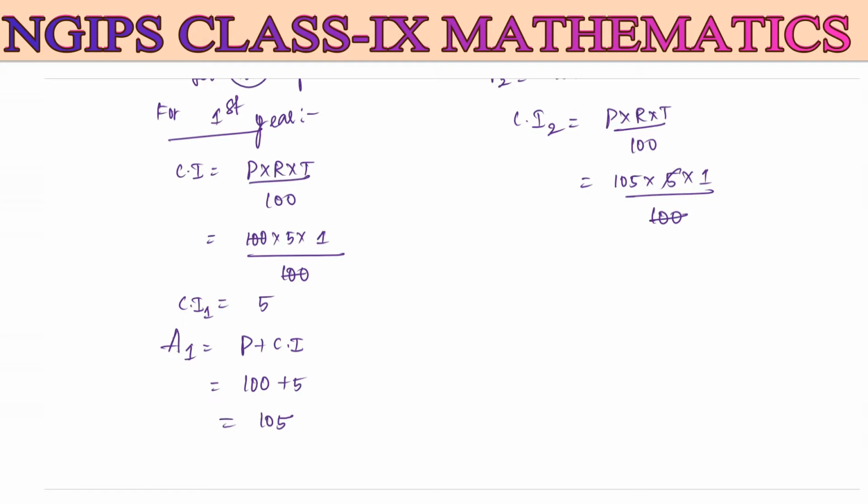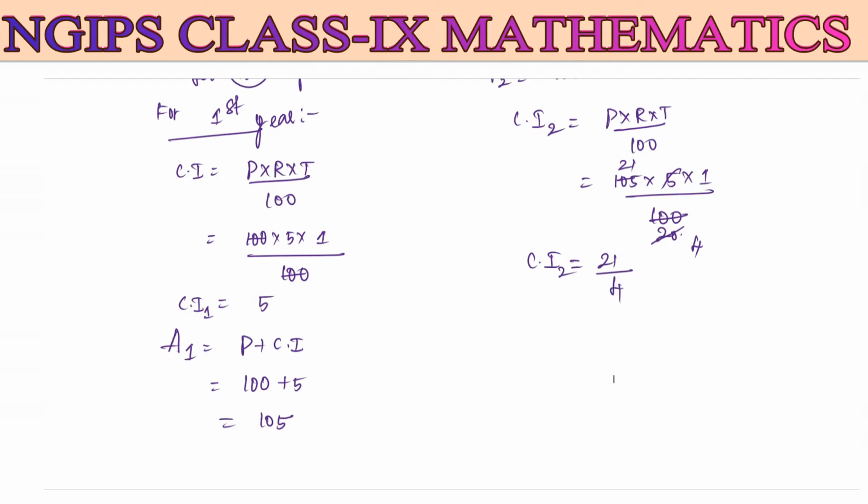So 5 fives are 25, 5 zeros are zero, it simplifies, so the second year compound interest is equal to 21 divided by 4.